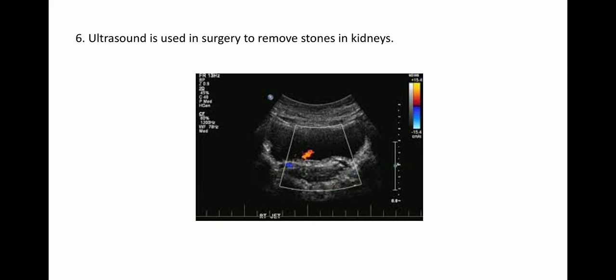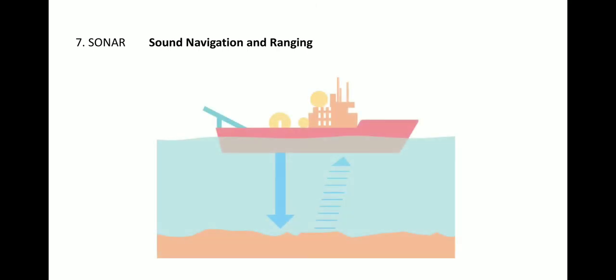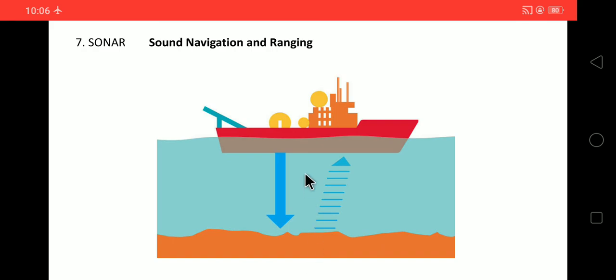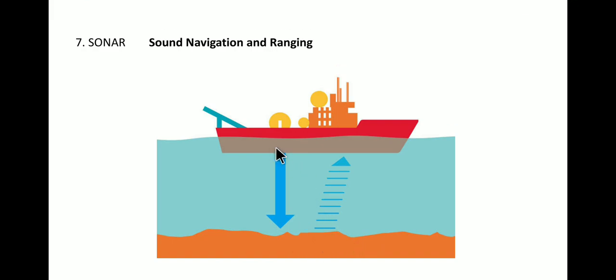And lastly, ultrasound is also used in sonar. Sonar is an abbreviation which stands for sound navigation and ranging. This is used by ships to find the depth of the ocean bed. They first send the ultrasound, and the reflected sound waves are received by the ship, where the receiver is at the bottom.